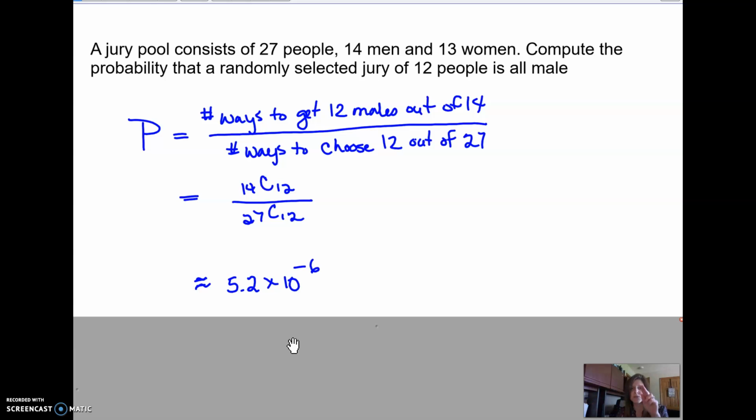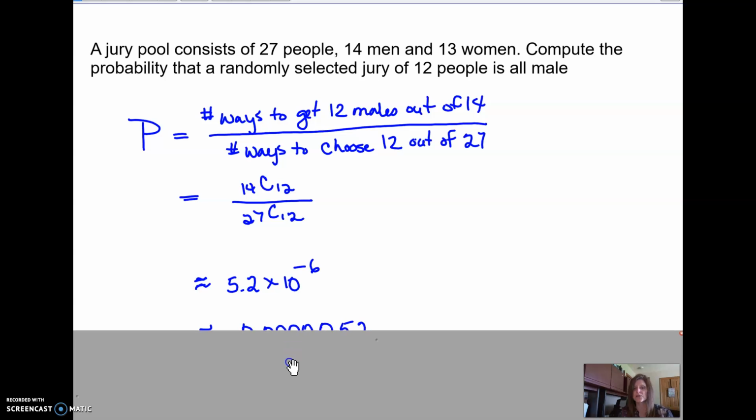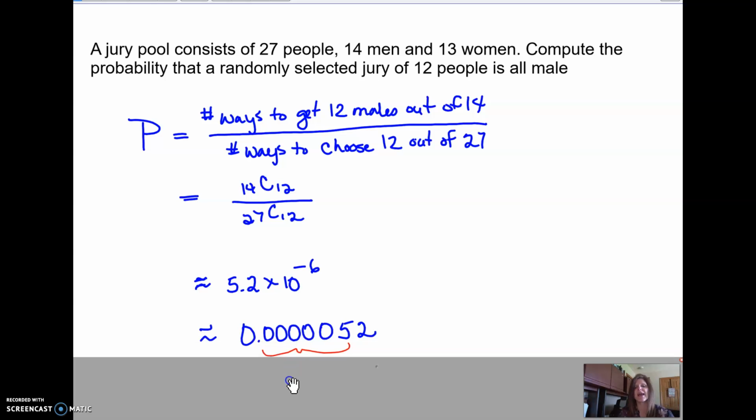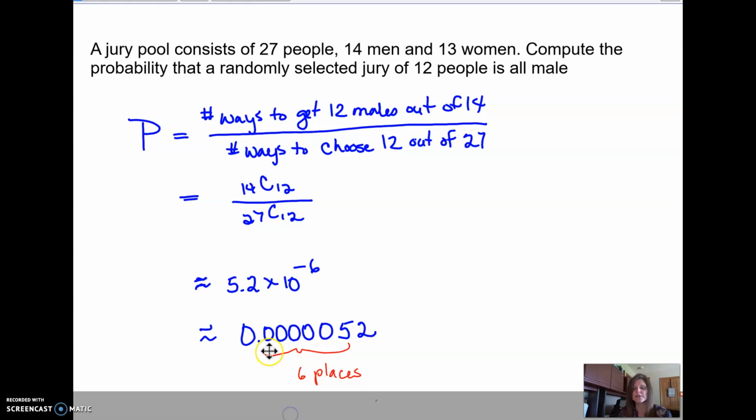What that means is we're going to have to move the decimal point over 6 places to the left and come up with 0.000052. Really small probability on that one.